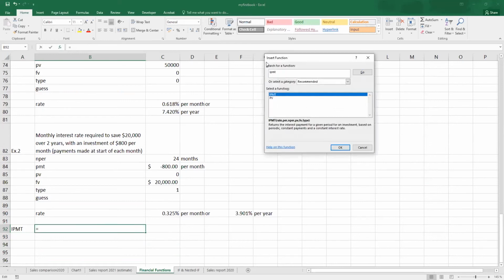The IPMT returns interest payment for a given period for an investment based on periodic constant payments at constant interest rate นะครับ. The assumptions that we still have to use in the IPMT and PPMT are the same as the assumptions that we had for the previous 5 functions that we learned before.